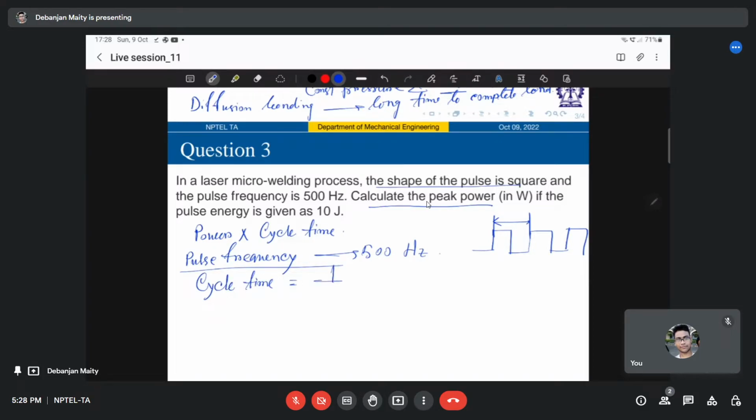Cycle time is 1 by pulse frequency, right? So it will be 1 by 500.